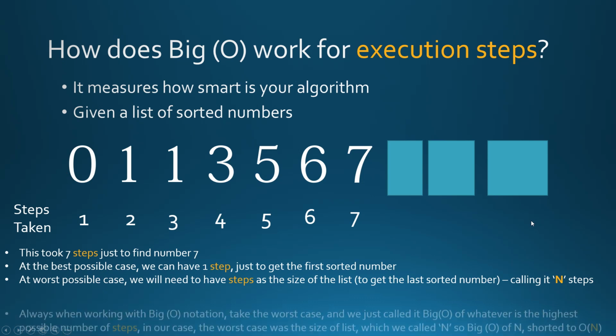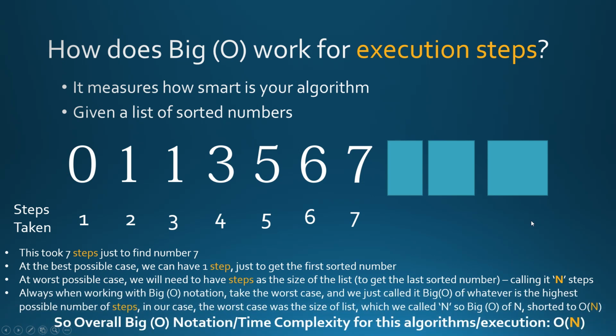When we talk about big O notation, we take the worst case and call it big O of whatever the highest possible number of steps is. In our case, we called it n because n is the size of our list. So at worst case, it's going to be the size of that n. So it's going to be called big O of n.